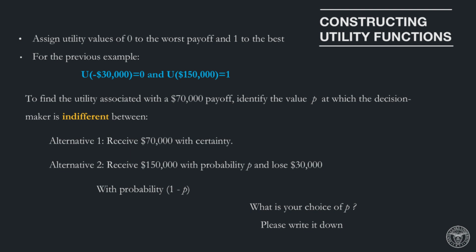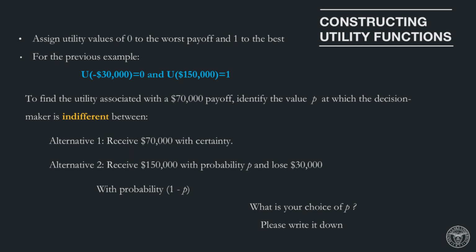But in the second alternative, you want to receive 150,000 with probability P, and you lose 30,000 with the probability 1 minus P. You cannot change alternative 1, but in alternative 2, you can change your probability. For example, you can pick P equal to 0.1, 0.2, 0.3, 0.4, and 0.9, and so on.